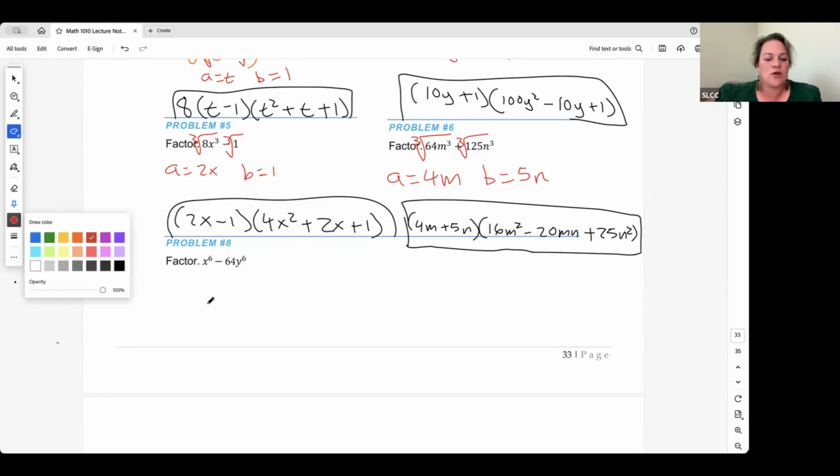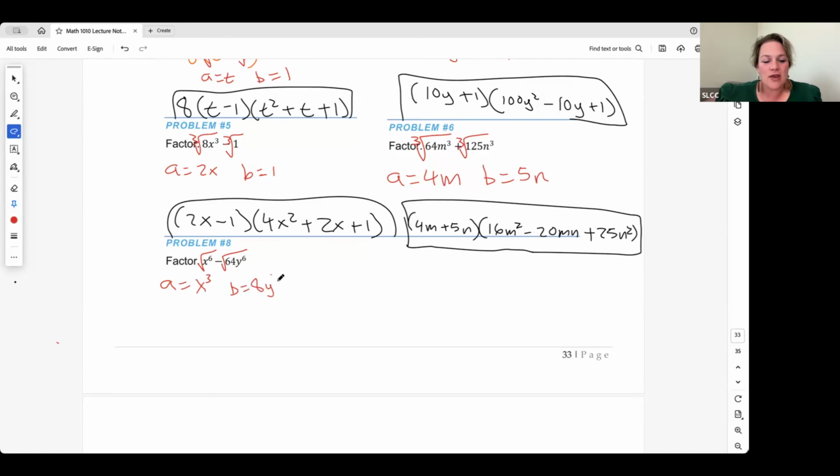So let's take the square root of both pieces and find our a and b. Here, the square root, remember you're just dividing the 6 by 2. So this a would be x cubed and b would be 8y cubed. Now, the difference of squares is a plus b, a minus b.